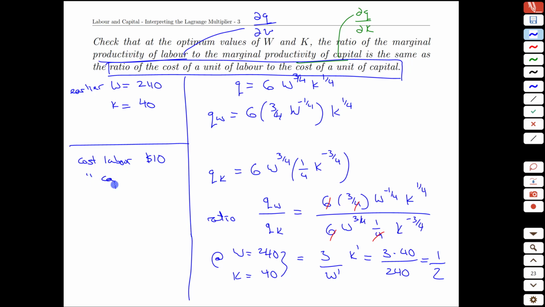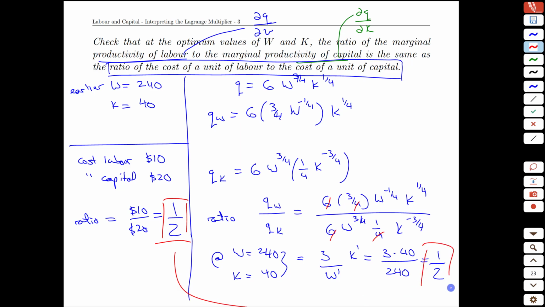Cost of capital, 1 unit of capital, was $20. And guess what that ratio ends up being? $10 over $20, also 1/2. These are the same, and that is not a coincidence. That is something that you can actually prove is going to be true in the general case if we are allocating our resources optimally.